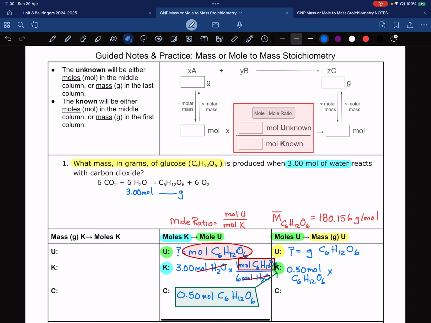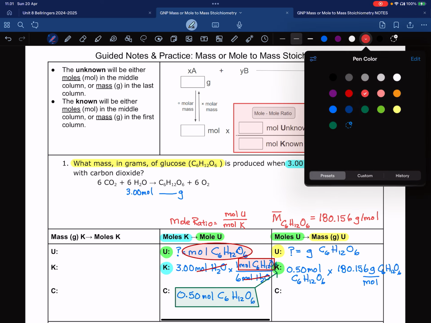So we are going to multiply by the molar mass, just like it says there: 180.156 grams per mole of C6H12O6. Now, what happens when we do that?